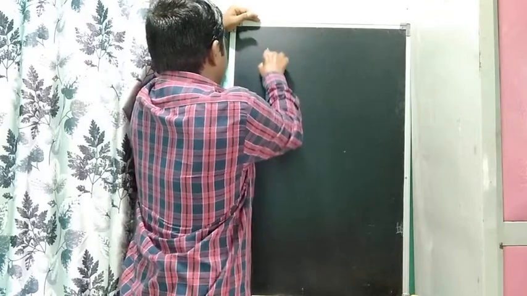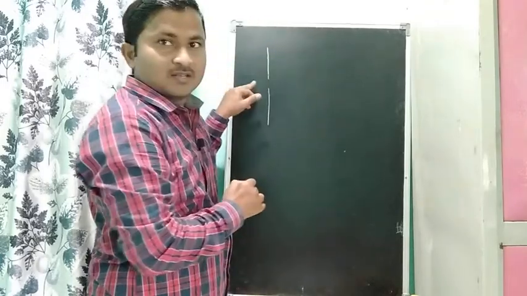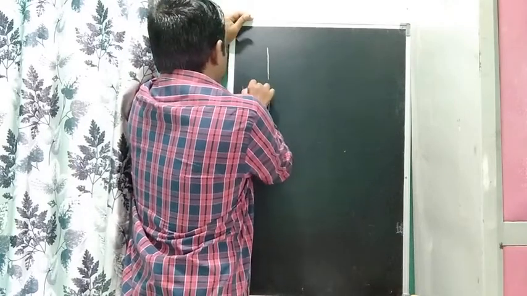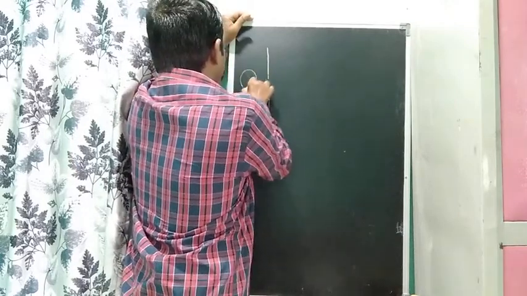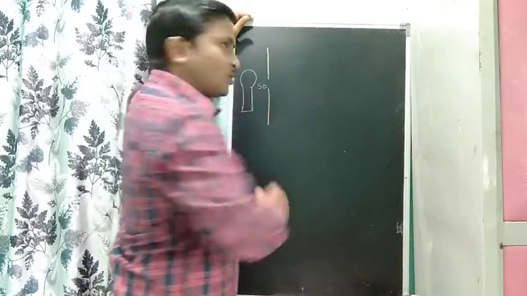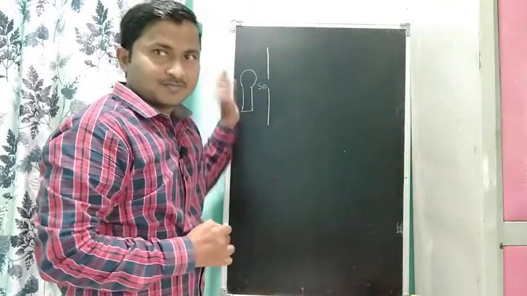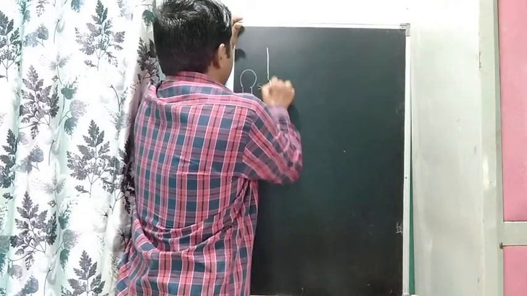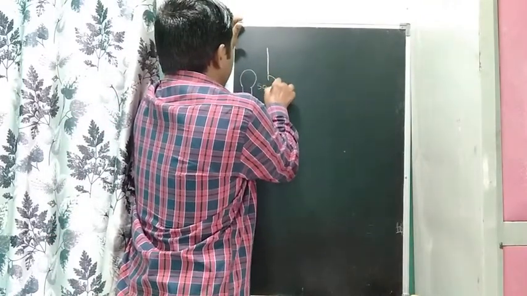So Thomas Young observed that interference pattern by using an apparatus in which he used an opaque screen having a small slit in it. Whenever this slit is illuminated with a monochromatic source of light, this slit produces light.